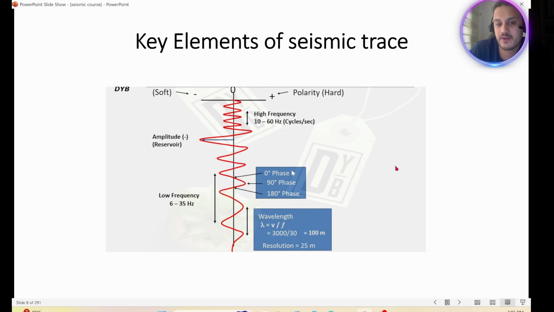And also we have phases, 0 phase, 90 phase, and 180 phase. And also we have the wavelength, which is given by the velocity divided by the frequency, and we will describe that in more detail in the next video.